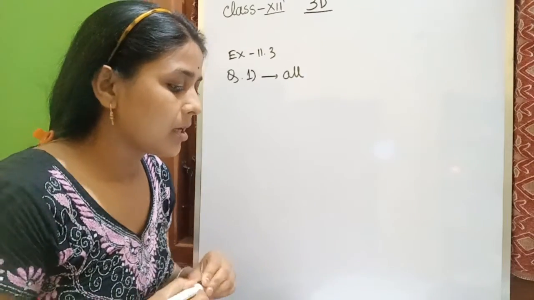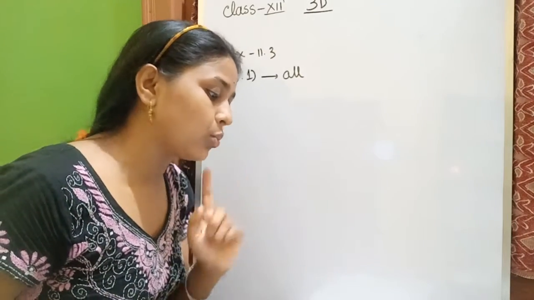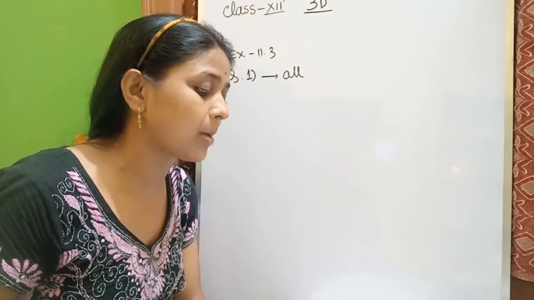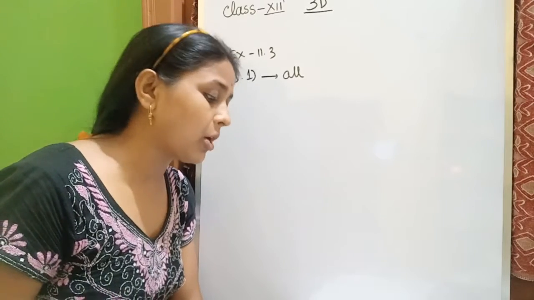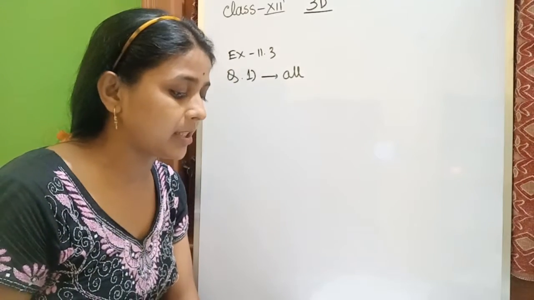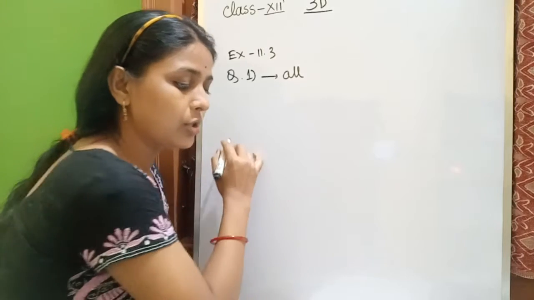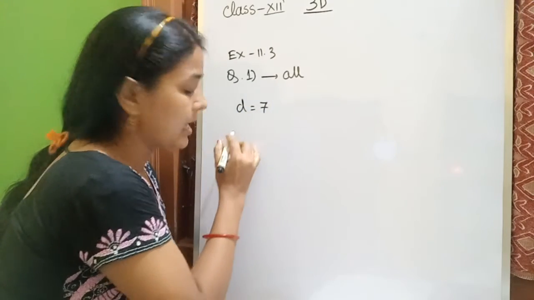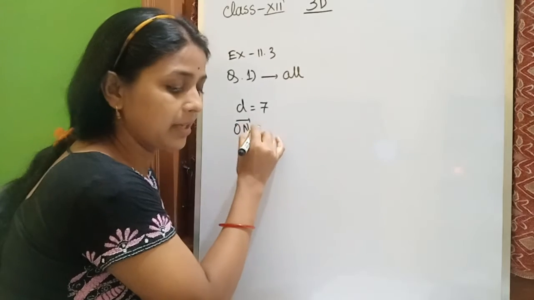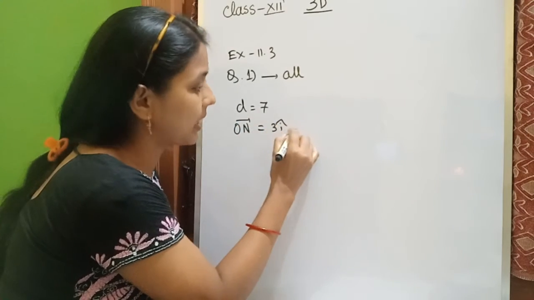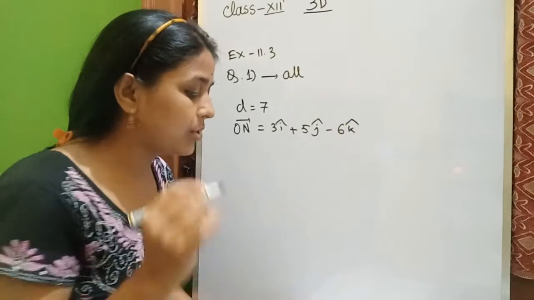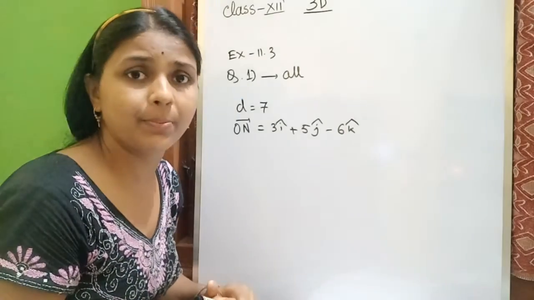Then question number 2: find the vector equation of a plane which is at a distance of 7 units from the origin and normal to the given vector. So distance D is given as 7 and OM vector is given as 3i plus 5j minus 6k. You need to find the vector equation of the plane.